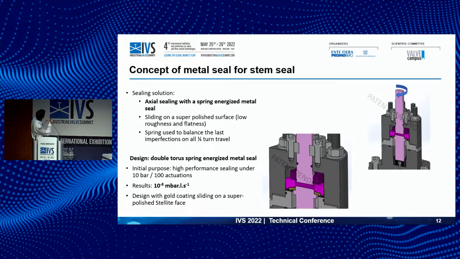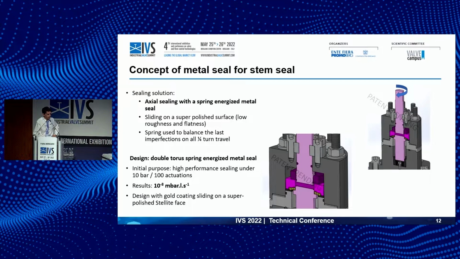It is compressed by all this assembly, and it is going to slide on an external surface, which is here. That means there is really a movement of this soft seal on a counterface with very low roughness. Typically we have a roughness typical for mechanical seals, Ra at 0.2 or 0.3 micrometer, something like a mirror actually.